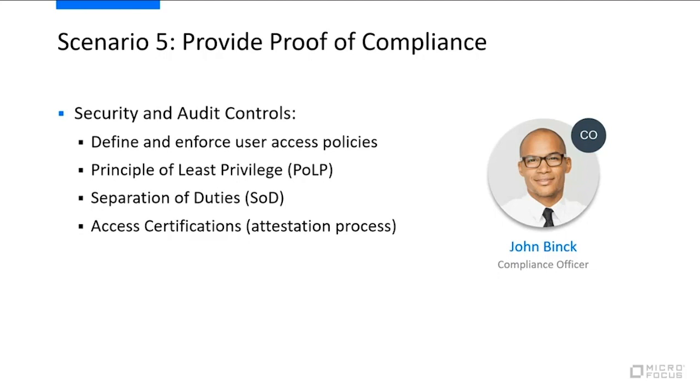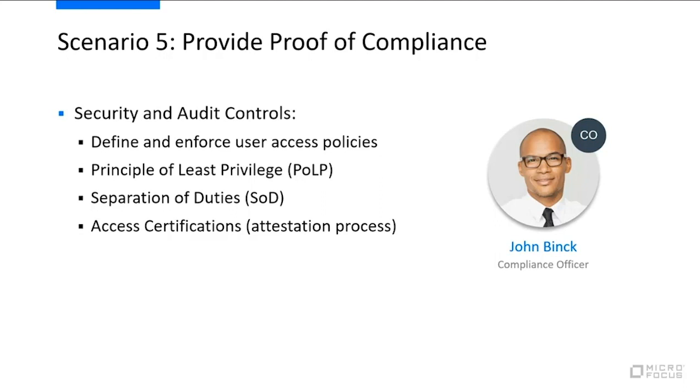We want to enable John to be able to do that. We also want to enforce the principle of least privilege. And what this really means is that we want to enforce that users in our organization do not have any more access than what they need in order to accomplish their daily jobs. One of the things that we can help you use to accomplish that is separation of duties.